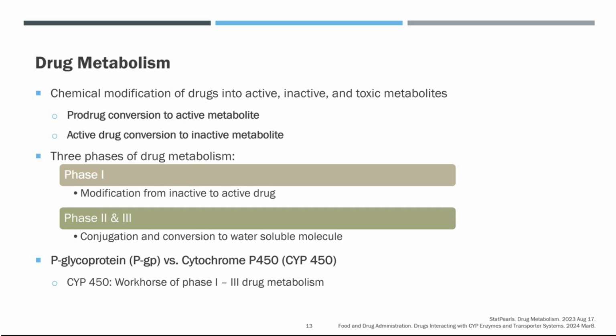So there are multiple enzymes involved in drug metabolism, including the P-glycoprotein, which we refer to as PGP, and then cytochrome P450. I commonly refer to it as CYP450 enzymes. But it's the CYP450 that is the biggest workforce for phase 1 to phase 3 of drug metabolism.